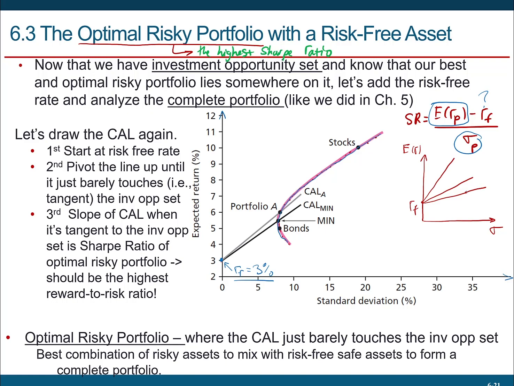And we always draw the CAL line for, say, some asset B. So asset A, asset B, and then maybe asset C. Okay, so all those CAL lines represent different portfolios made out of a combination of the risk-free rate and some portfolio C, the risk-free rate and some portfolio B, the risk-free rate and some portfolio A.